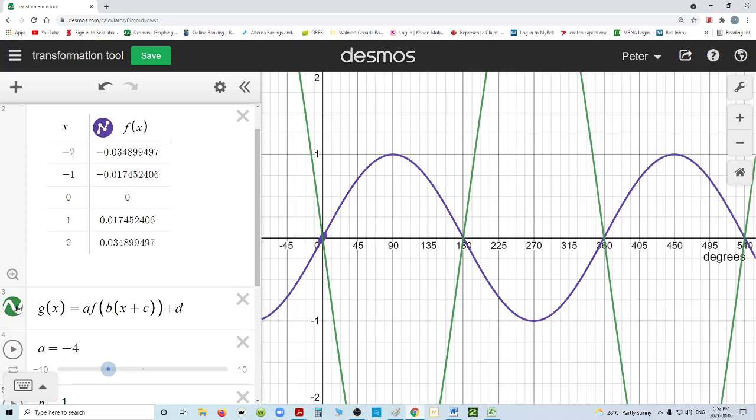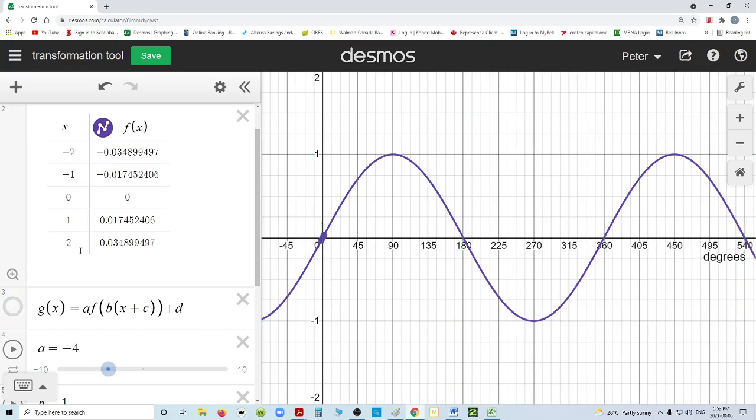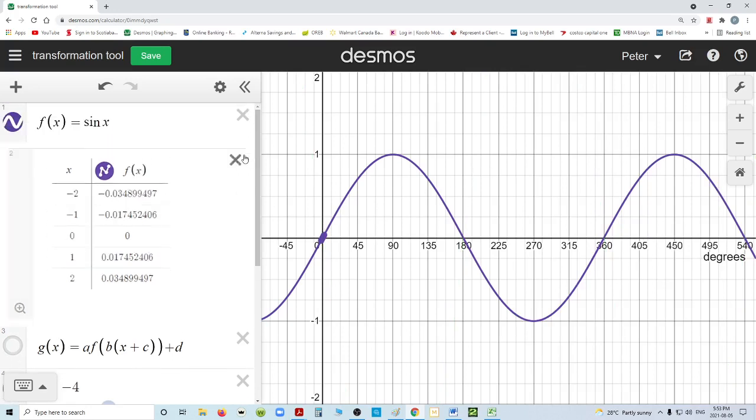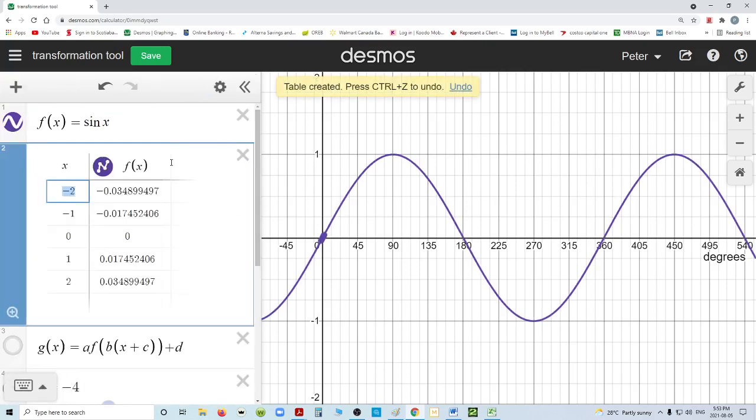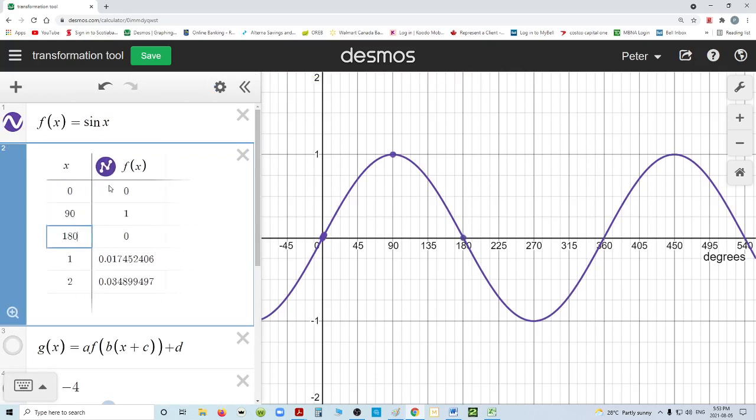The purple is the original, and it gives you some standard values: 90, 180, 270, and 360. And you can see we get what we expect. And if you memorize these key 5 points, you can transform it.